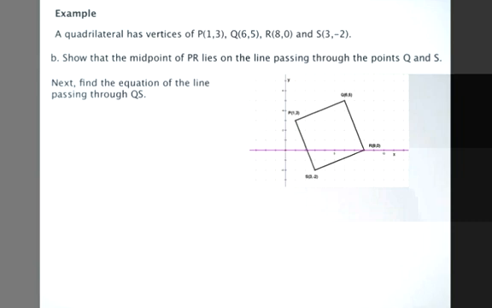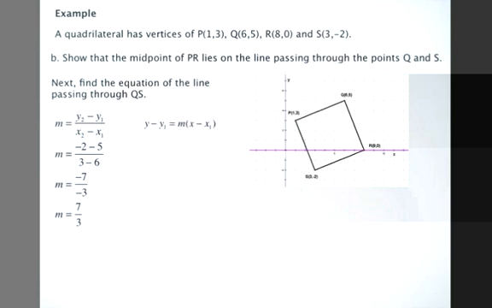Now we need to show that this lies on the line passing through QS. So we'll calculate the slope of QS, negative 2 minus 5 over 3 minus 6. So we get negative 7 over negative 3, or 7 over 3 for the slope of the line passing through QS.